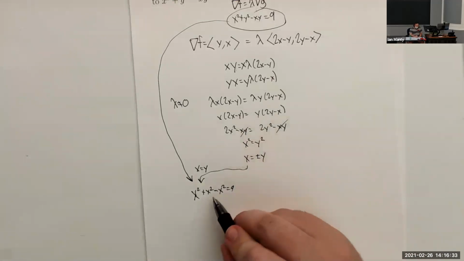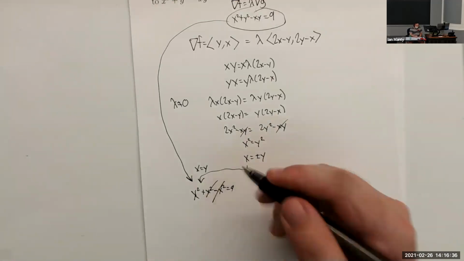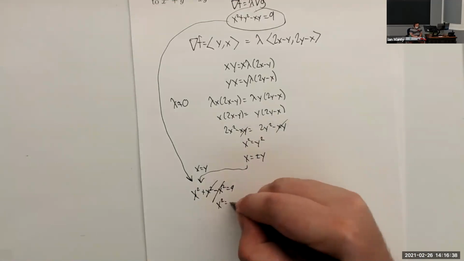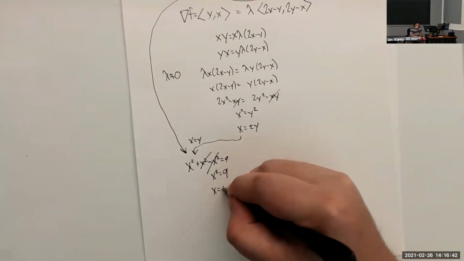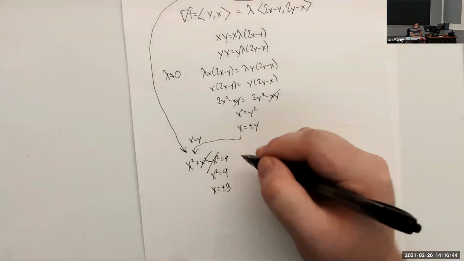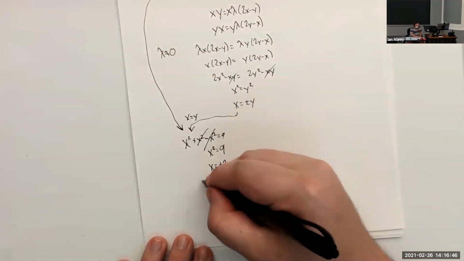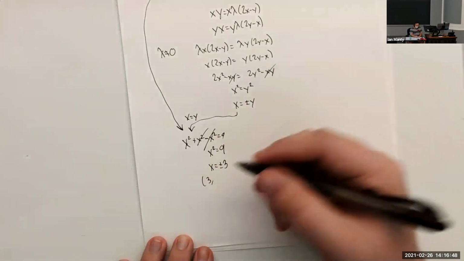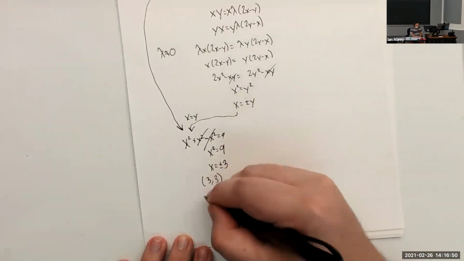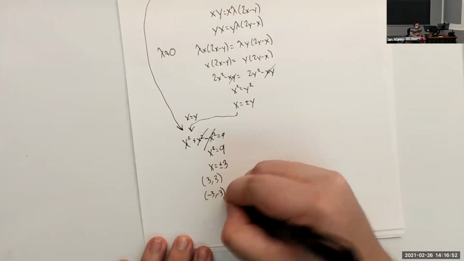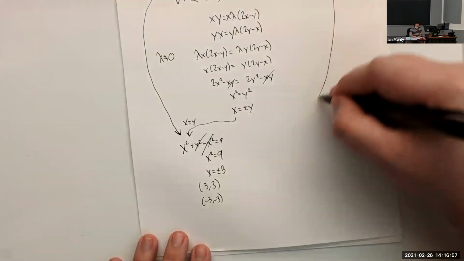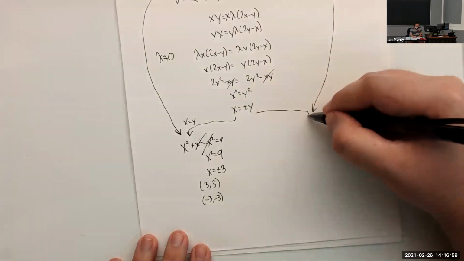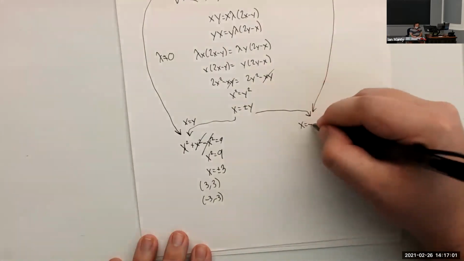Back to this: we have those canceling out, and then we get x squared equal to 9, meaning that x has got to be plus or minus 3. So the points we're checking will be (3, 3) and (-3, -3). Now let's do this the other way, where x is negative y.